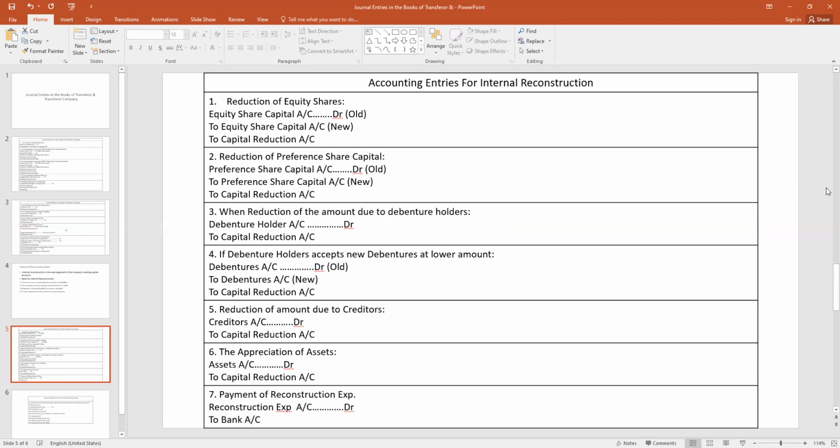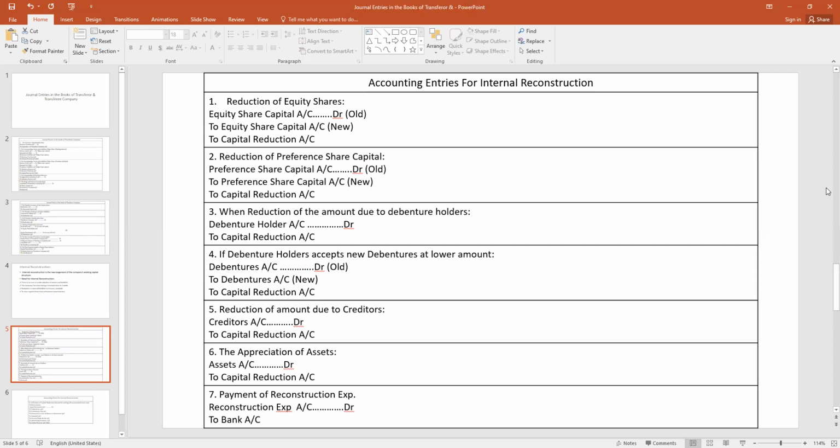When there is a reduction for the debenture holders, two options are there: the reduction happens in the amount due to the debenture holders, or the debenture holders agree to take new debentures with a lower amount. So we need to pass two journal entries based on the situation.